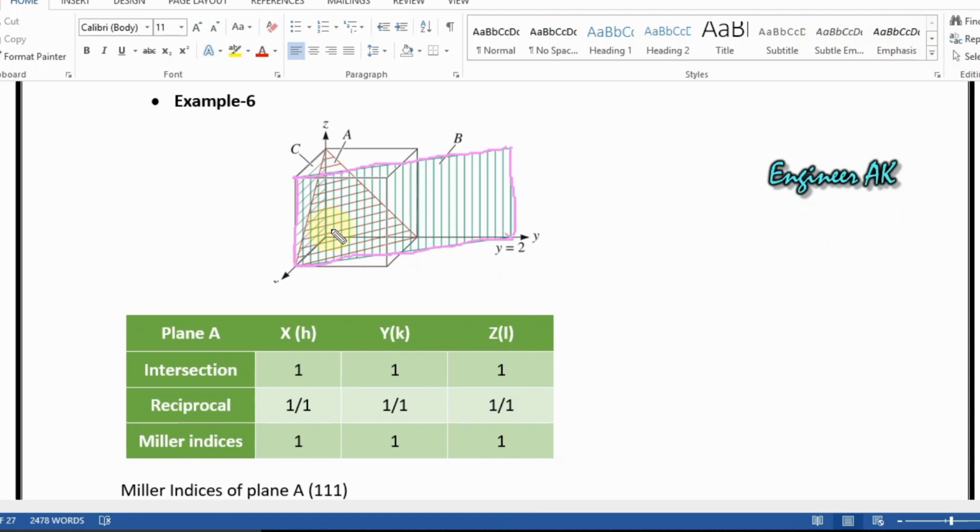Again I'm taking this as my origin. If I move along the x-axis, it is intersecting at 1. Along the y-axis, we can see that y is equal to 2 here, it is cutting at 2. And along the z-axis, it is not cutting the plane, so infinity. So 1, 2 and infinity.